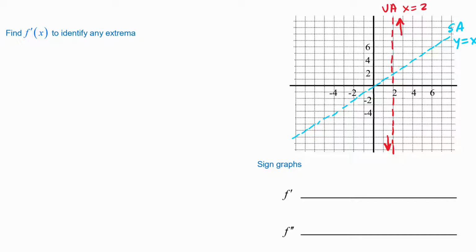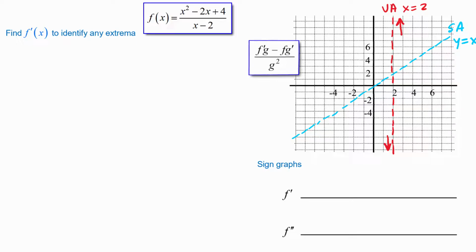Now we have to find the derivative and use it to find any relative minimums or relative maximums. Now we know that f of x is x squared minus 2x plus 4 over x minus 2, so that means we are going to use the quotient rule to find f prime.